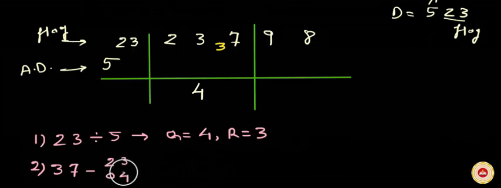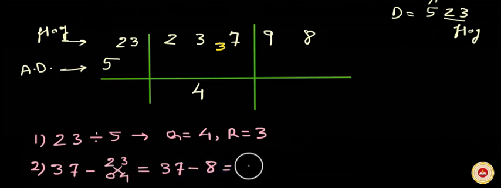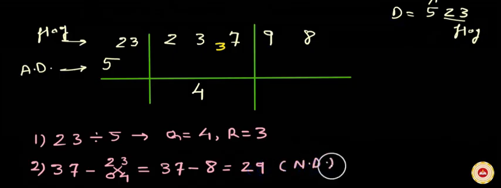How do we calculate the cross product, crosswise multiplication of the two digits, two columns. See, first column and second column, multiply crosswise. So, which gives us 37 minus 4 2s are 8 plus 0 3 0. That means 37 minus 8 is 29, and this 29 is net dividend.